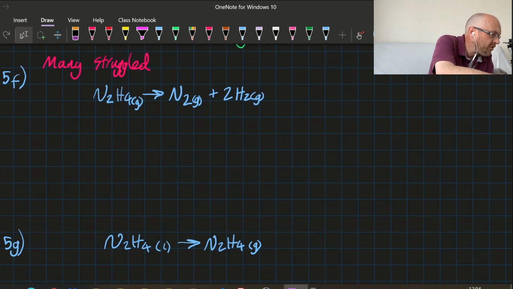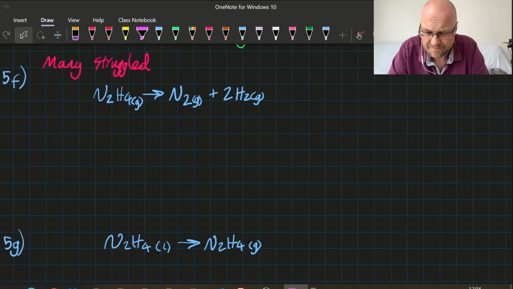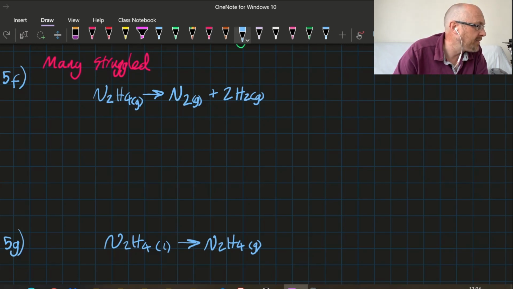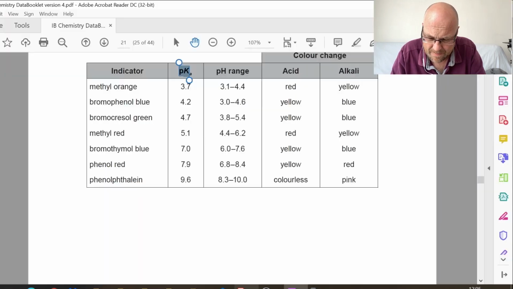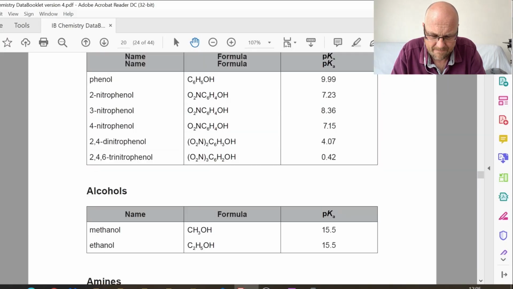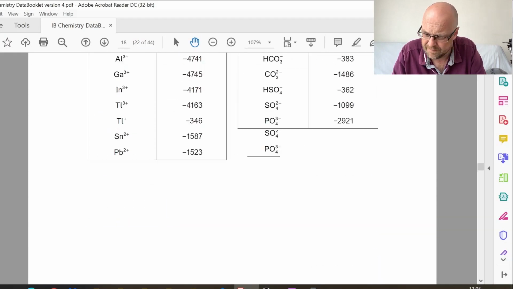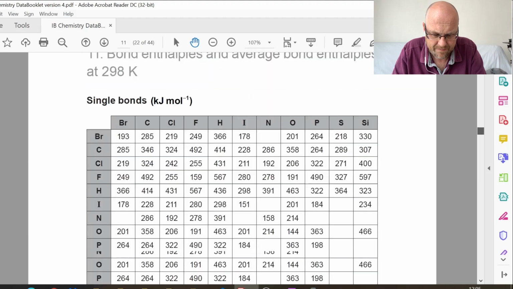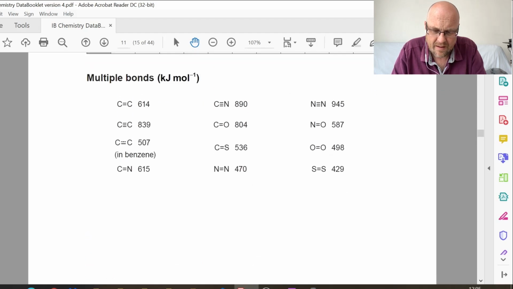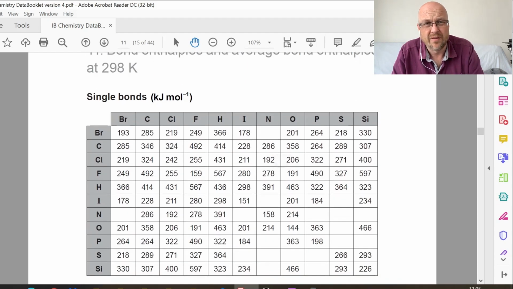F, determine the enthalpy change of reaction. Okay, so this is bond energy. They're telling me to use section 11, and section 11 is bond energy. So like you, I know I can do bond energies.